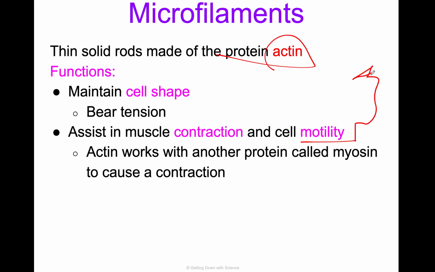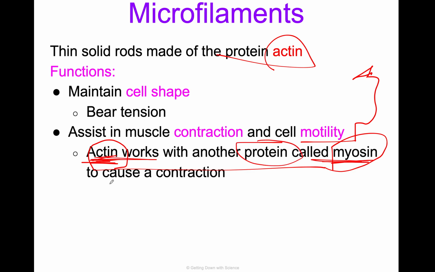Actin works with other proteins called myosin. When you see myosin and actin interactions, which we'll see questions about, I want you to link together actin and myosin in your brain. They're both proteins and they both cause contraction of things like muscle cells.